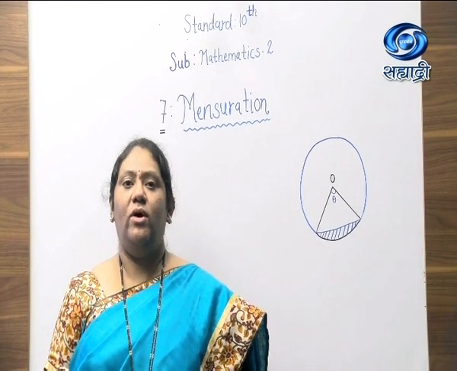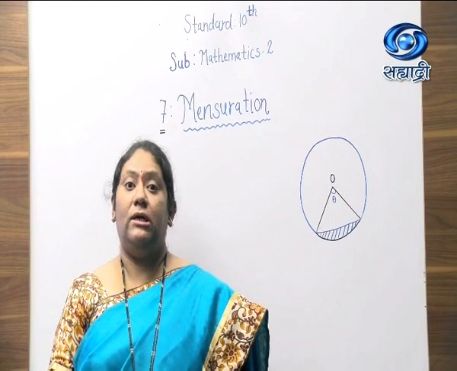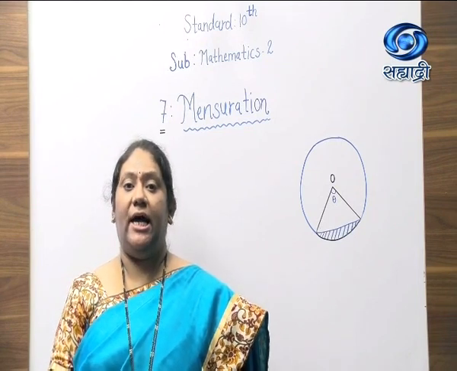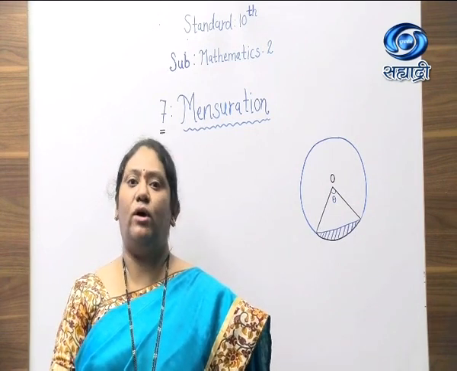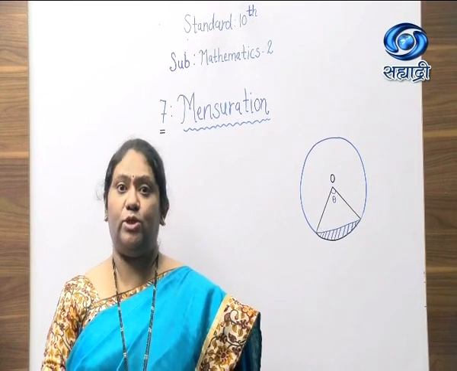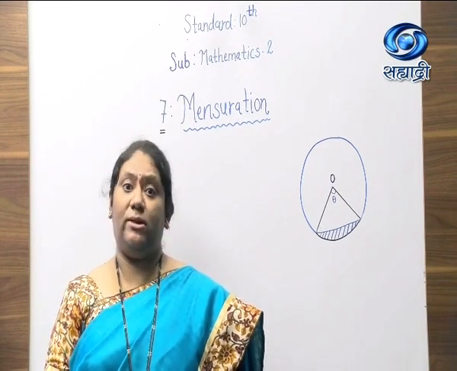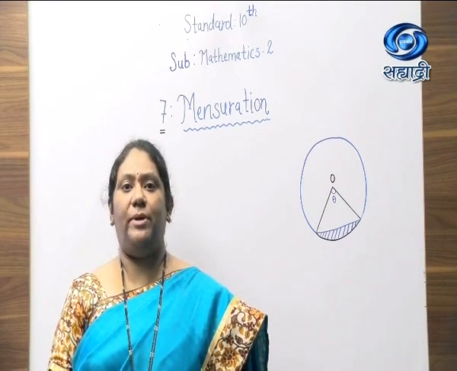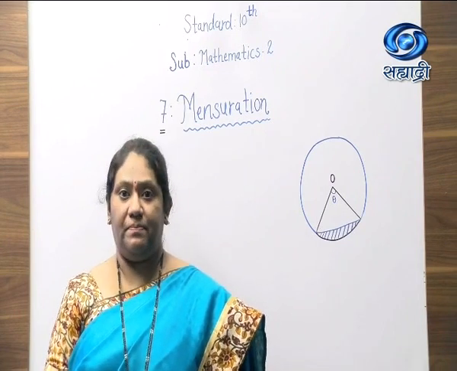Students, just now we have studied the formulae to find out the area of segment, then length of the arc and area of the sector. And we also have solved some of the examples based on them. Now here we have finished with the chapter. Mensuration is the chapter where you have to calculate properly.